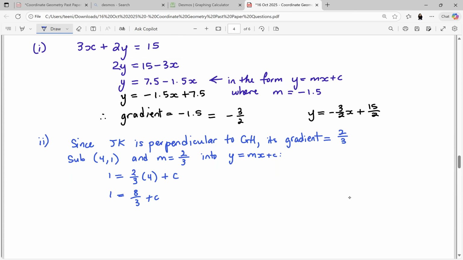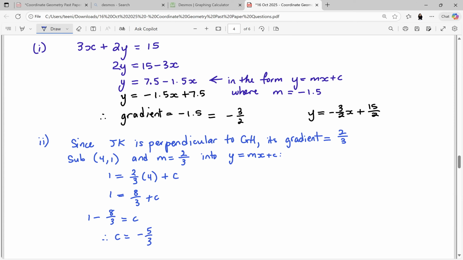So therefore, c would be equal to 1 take away 8 over 3, which is negative 1 2/3, which is negative 5 over 3. So therefore, c is equal to negative 5 over 3.